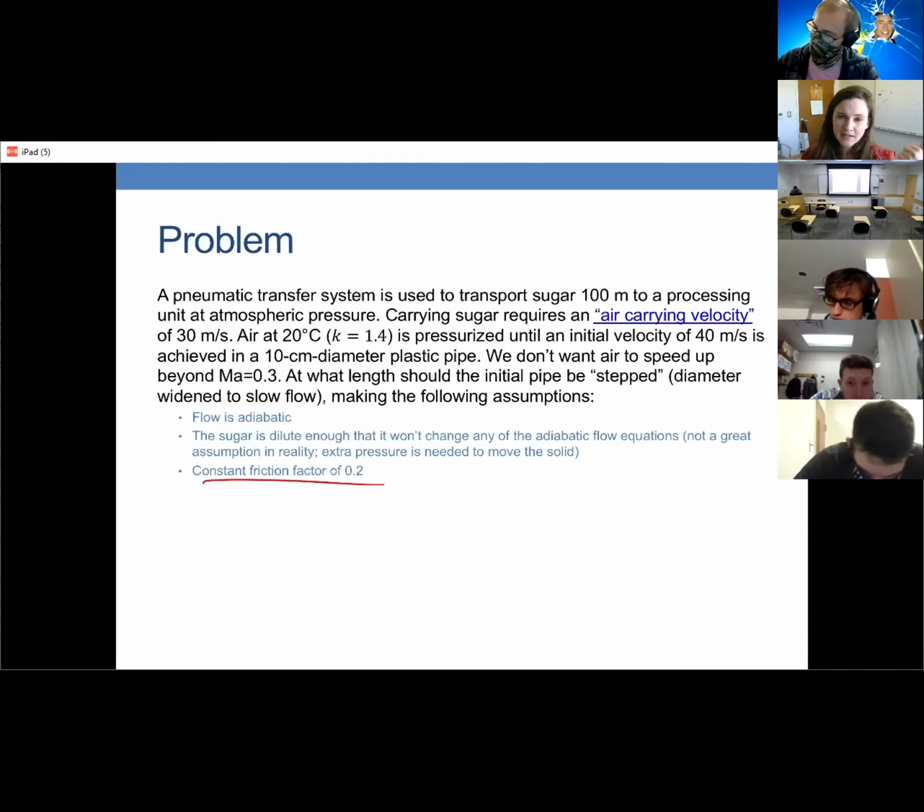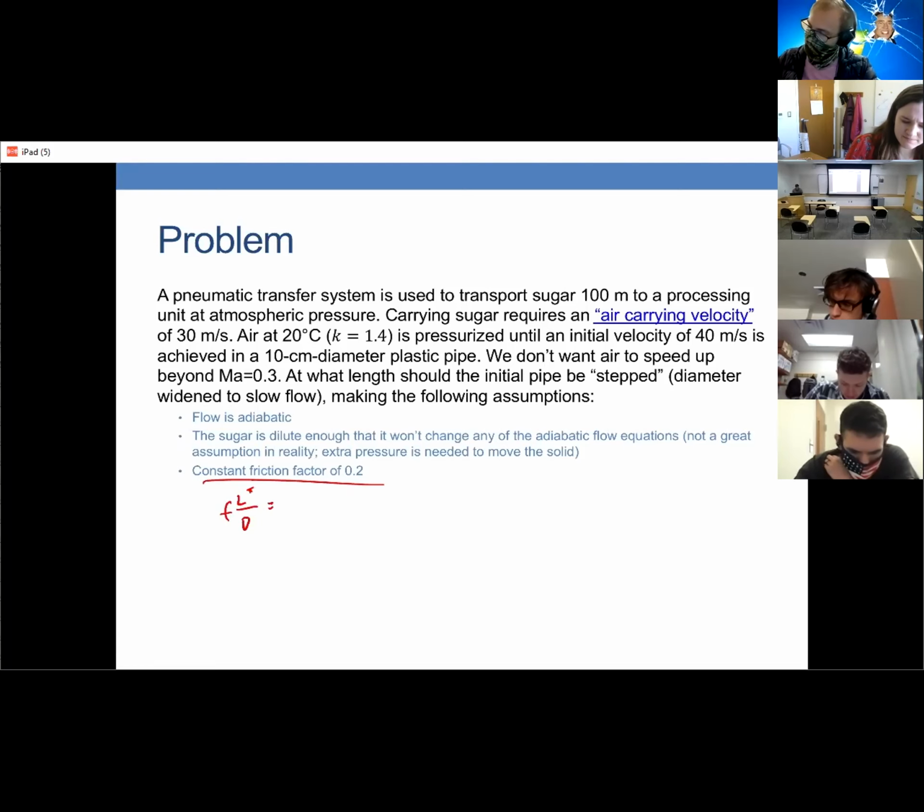Let's start with just, of those equations I gave you, was there one that had length in it? That's probably what we should use. Yeah, it was f L star over D is equal to some function of the Mach number, right?